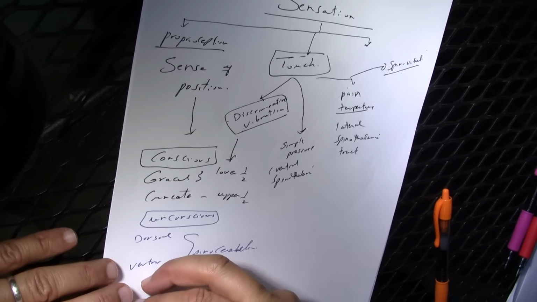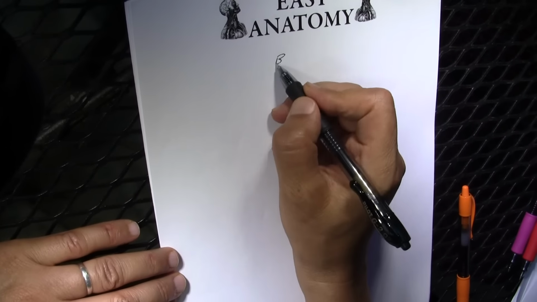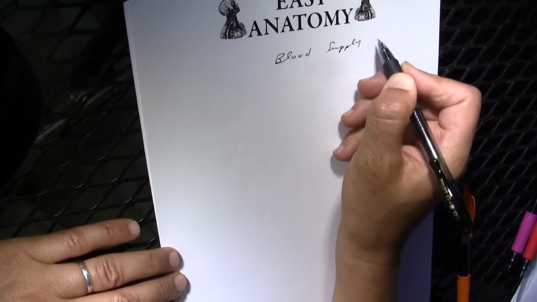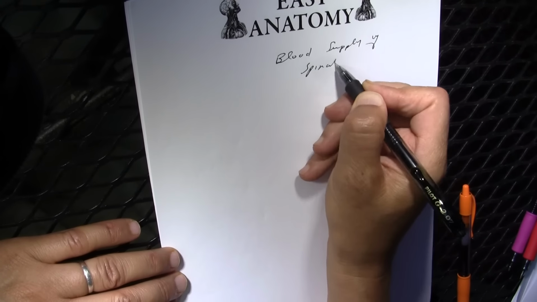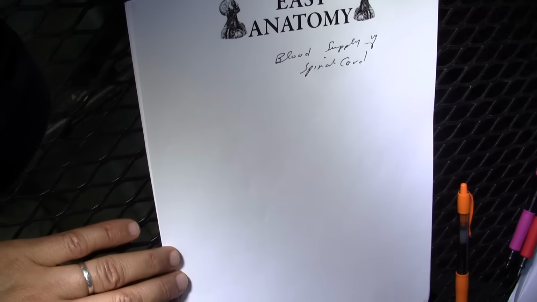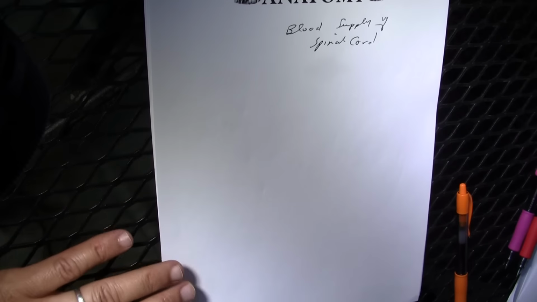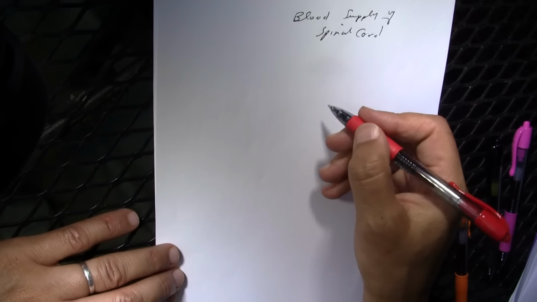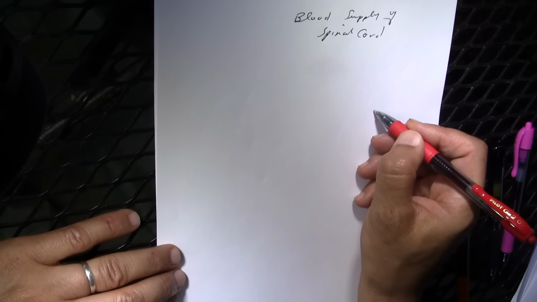Before I end, I'd like to highlight the blood supply of the spinal cord, because this is a very important topic. The main blood supply is coming from the vertebral arteries.